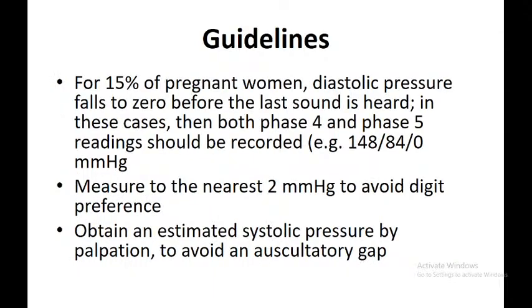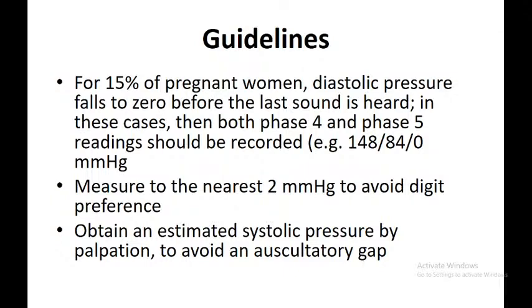And in 15% of pregnant women, the diastolic blood pressure falls to zero before the last sound is heard. In these cases, we usually need to record both phase 4 and phase 5, and it should be recorded in this way.